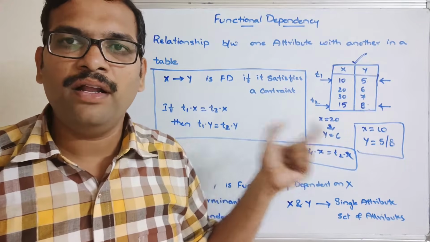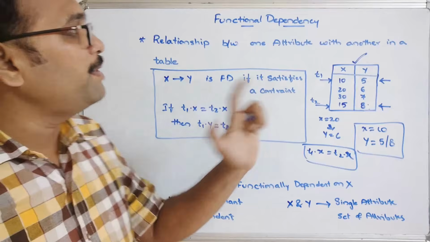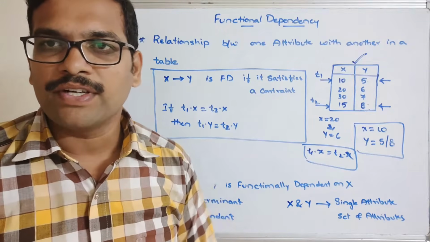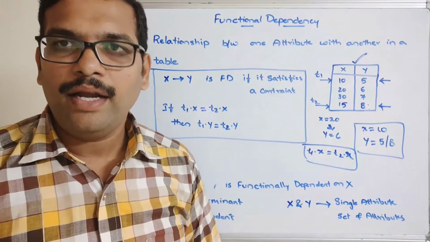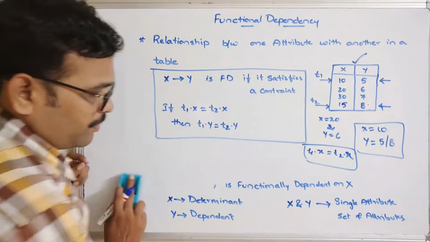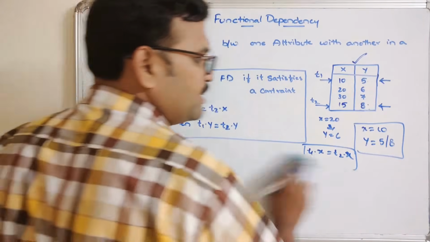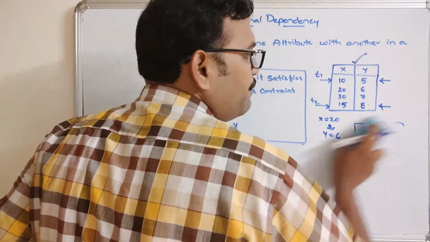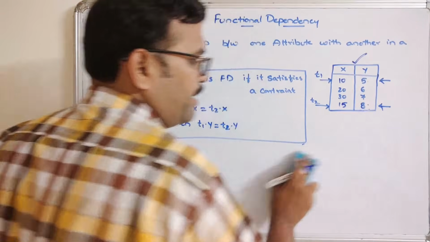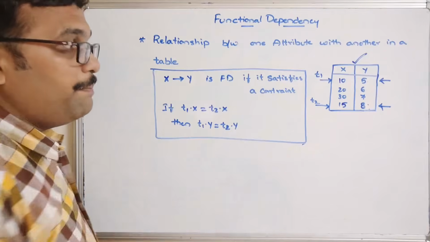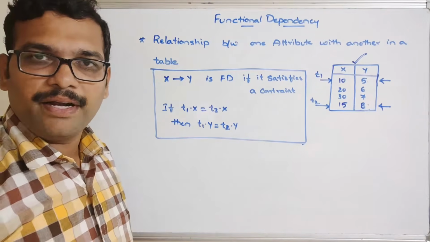If they are different, automatically it will not be functionally dependent, right? Then here we can say fully functionally dependent or partial functionally dependent.